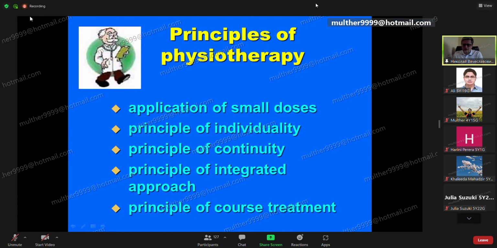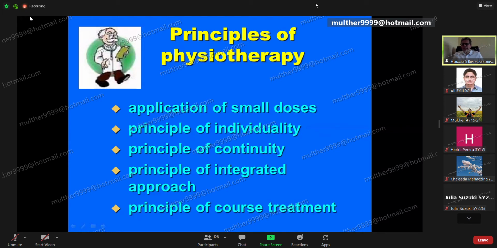And also one more principle, as you can see, the principle of course treatment. This principle means that we will prescribe in practice therapeutical technologies during a defined time, for example, the usual duration of any procedures.